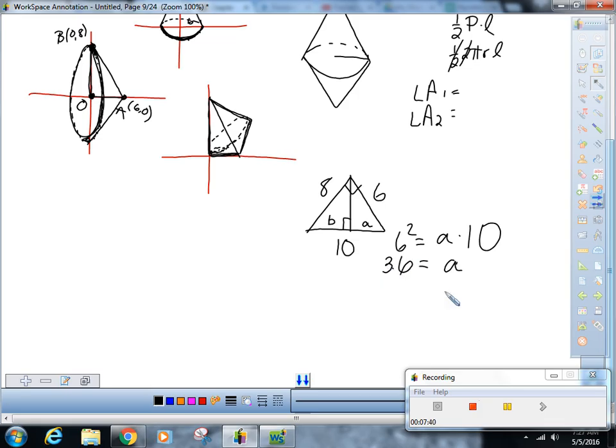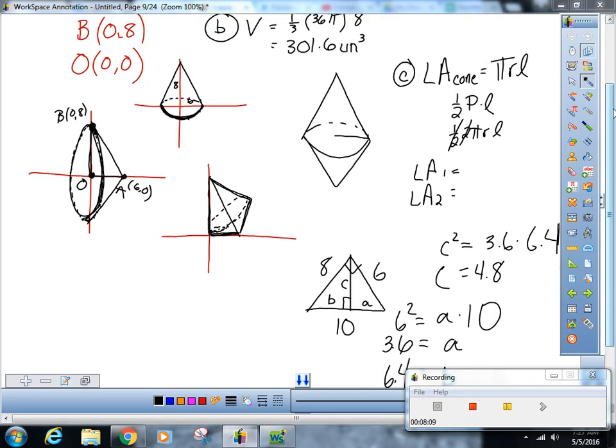Then b is 6.4. I'll call the altitude c. c squared equals 3.6 times 6.4. Can someone please multiply those and square root them? That's the geometric mean between those, if you remember that. So c is 4.8.